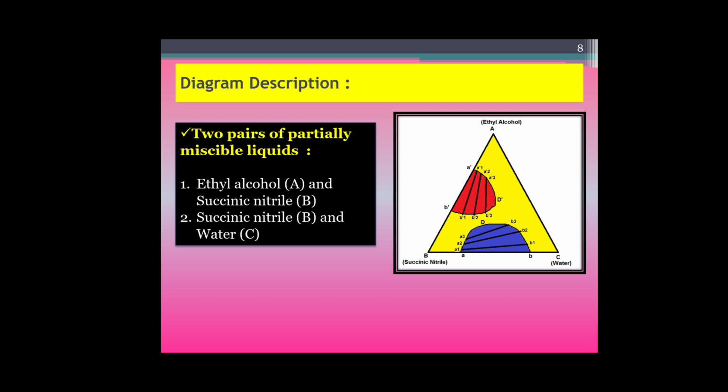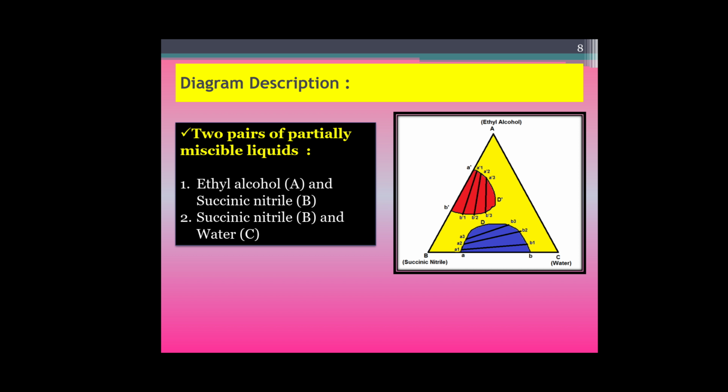The second pair in which the two liquids are partially soluble with each other is succinic nitrile and water, that is B and C. So these are the two pairs in which the liquids are partially soluble with each other.